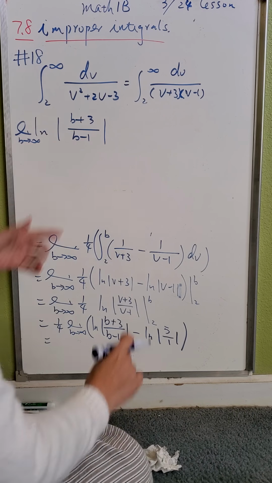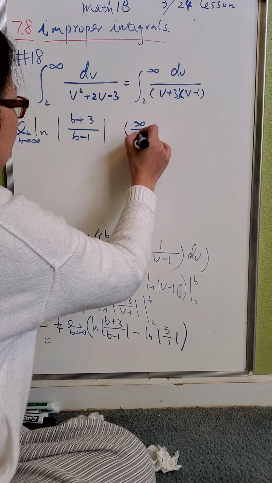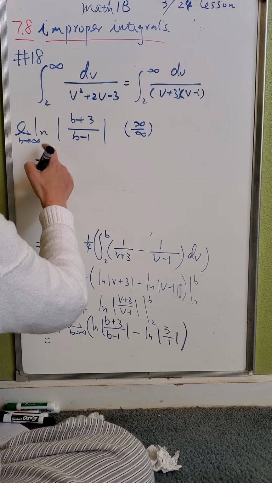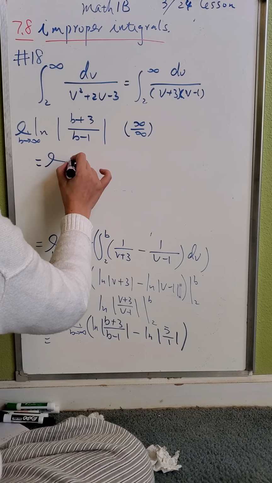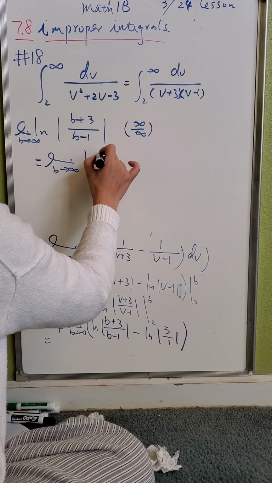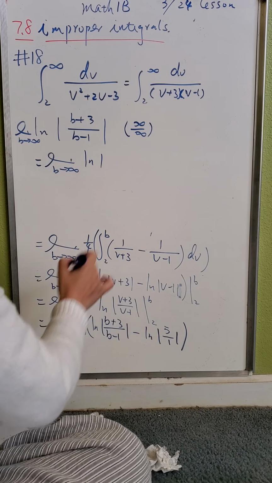That becomes infinity over infinity, so L'Hopital's rule: that becomes 1 over 1, which is 1.